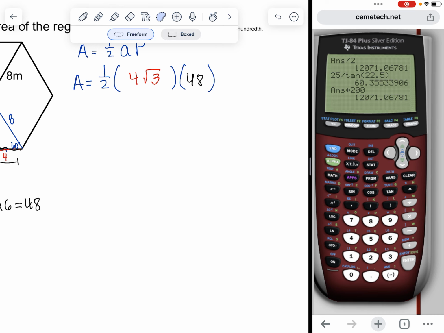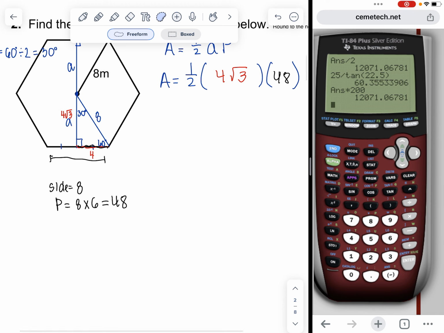How lovely. Okay. Now, if I use SOHCAHTOA, then I would have an ugly answer. Let's see what I would get. So 30, that's opposite over hypotenuse. 8 sine of 30, and then times 2 is 16 sine of 30, and then 16 times 6 is 96. You have 96 sine of 30.